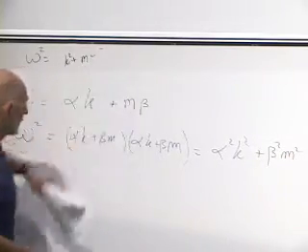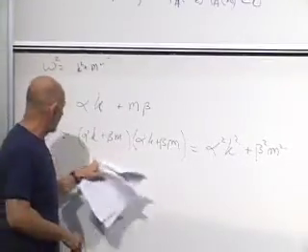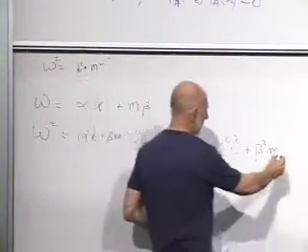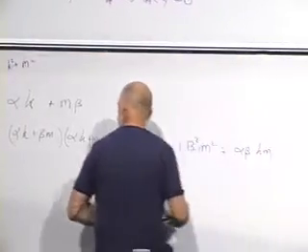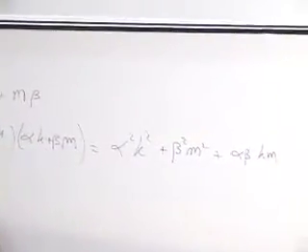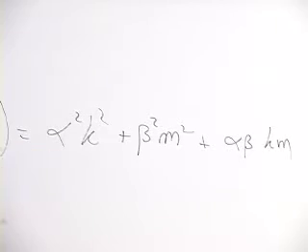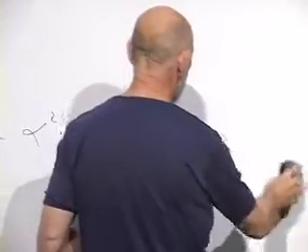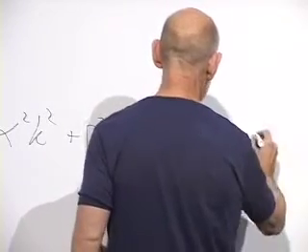That's good. We want an m squared there, but now we get some garbage. We get alpha beta k times m, and then beta alpha k times m. k and m are just numbers, of course. They're just the momentum and the mass of the particle. So what do we get? We get alpha beta plus beta alpha times km.